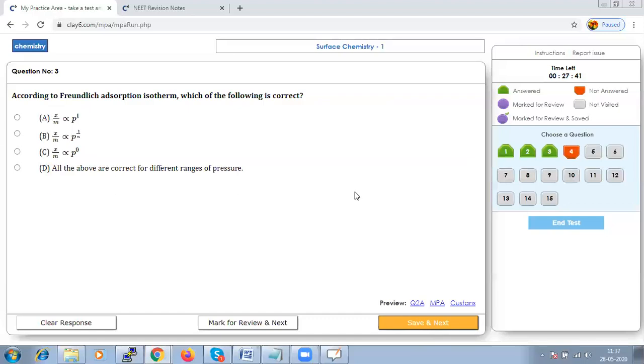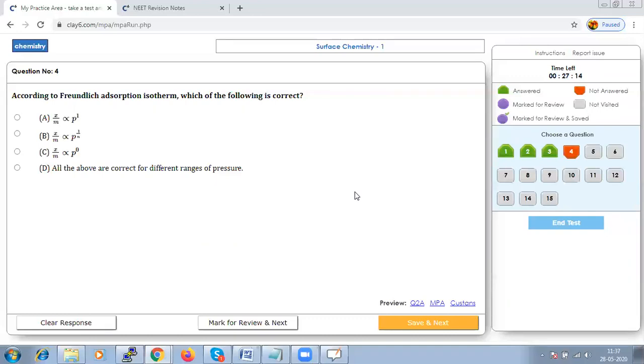According to Freundlich adsorption isotherm, which of the following is correct? By looking at the equation itself, we could say that x by m is directly proportional to P to the power 1, x by m is directly proportional to P naught, as well as x by m is directly proportional to P to the power 1 by n, because everything is relating to pressure.